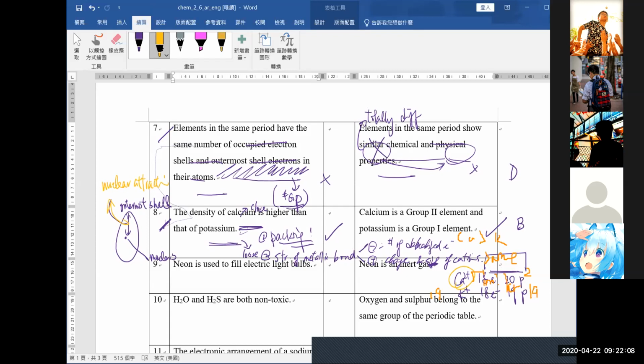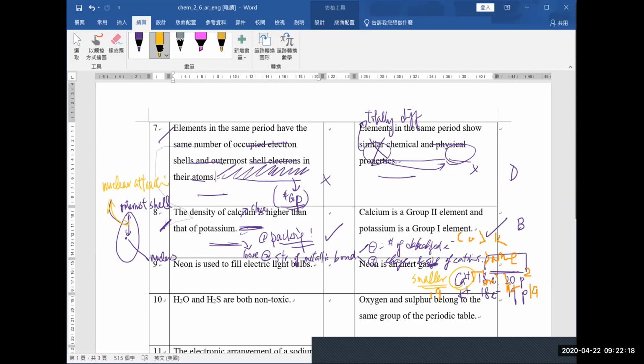So that's why if you want to compare the size of calcium ion and potassium ion, you know that calcium ion will have a smaller size, but potassium ion is a little bit larger. Can you get the point? So altogether, the more delocalized electrons, the stronger the metallic bond. How about the cation? The higher the charge, the stronger the metallic bond.